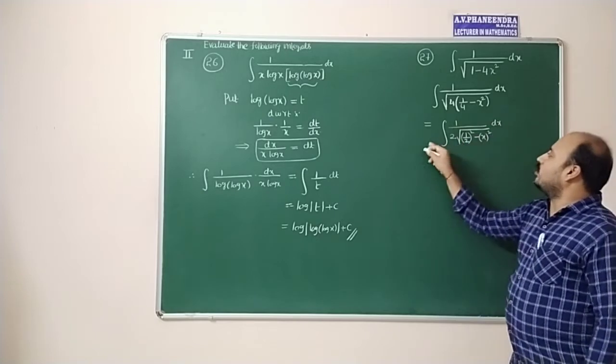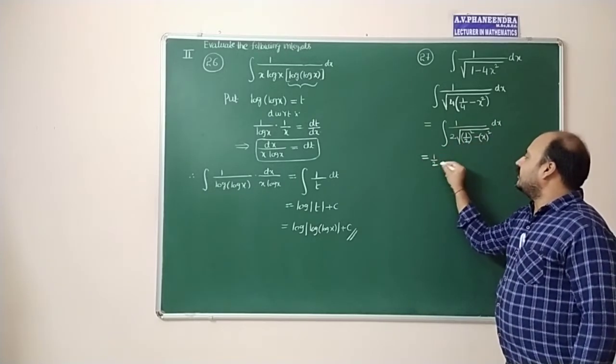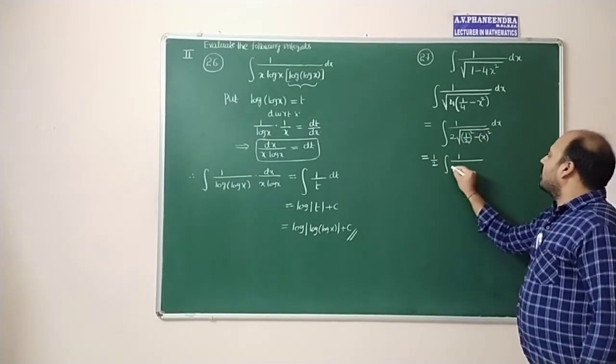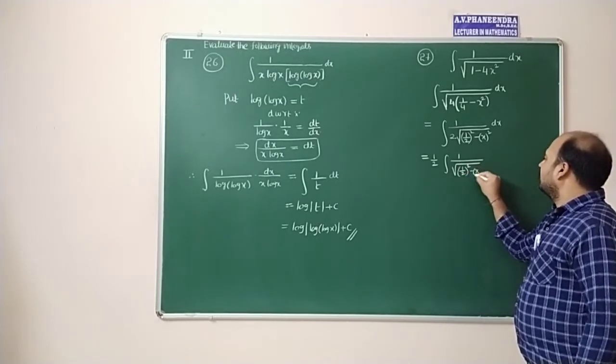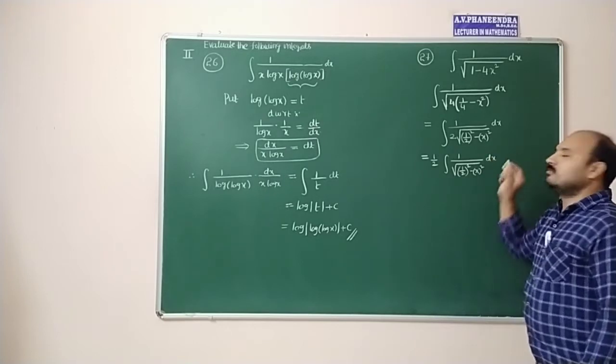So 1 by 2 can be taken outside of the integral because it is constant. Integral 1 by square root of 1 by 2 whole square minus x square into dx.